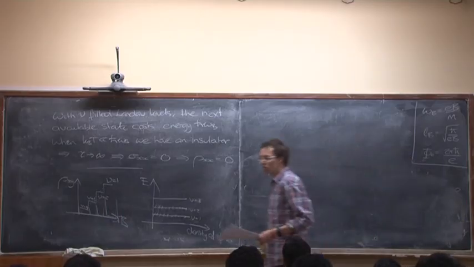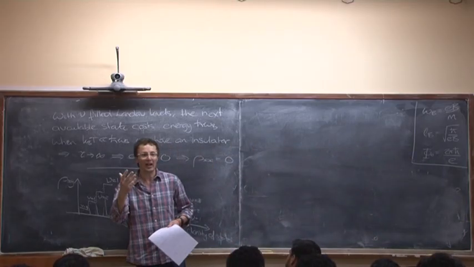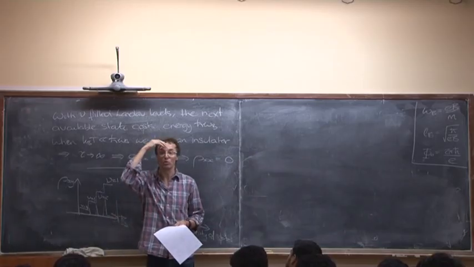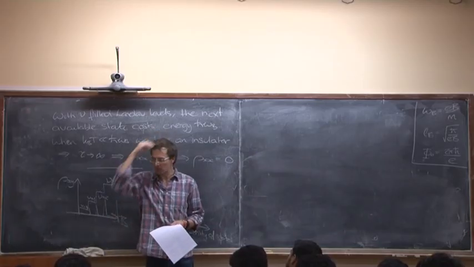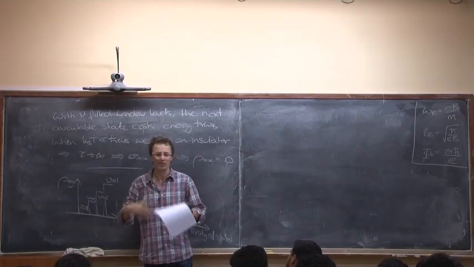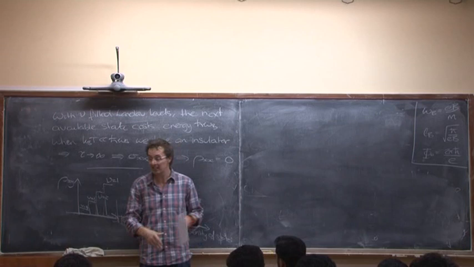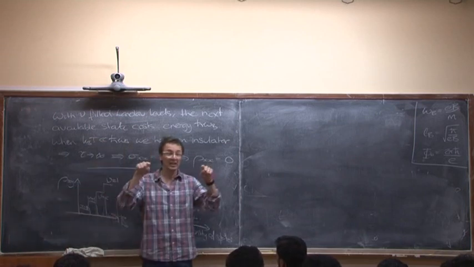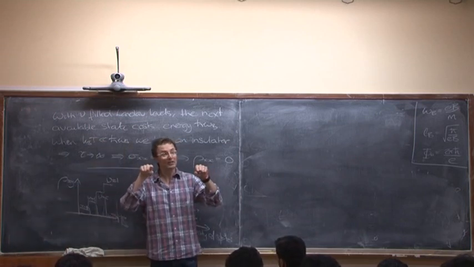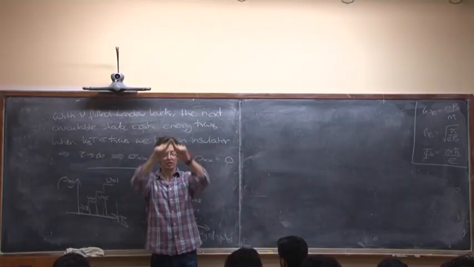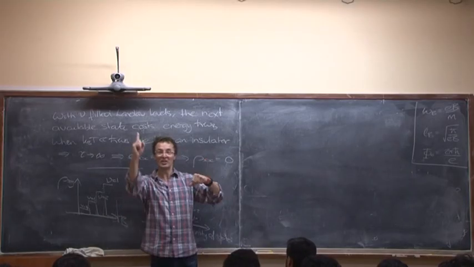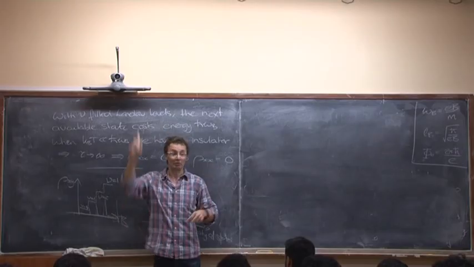By the way, before we go on, just a quick aside. In the notes, I had a few pages about edge modes in the quantum Hall effect. I was thinking of doing it here, but I think, given time, I'll skip it. You can understand very easily that in the integer quantum Hall effect, there are edge modes. And the edge modes have the nice property that they're chiral, meaning that if this is your quantum Hall sample, they go this way around the sample.